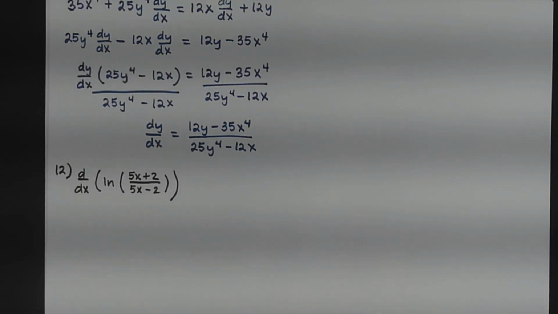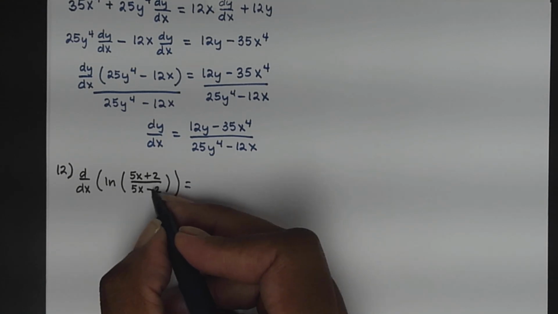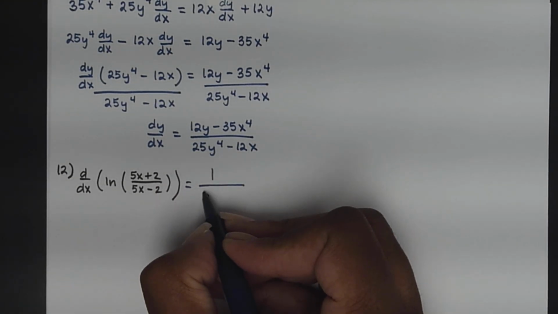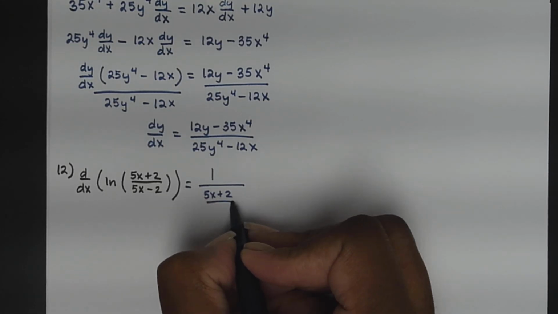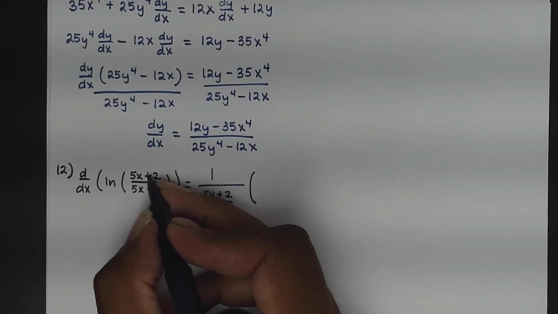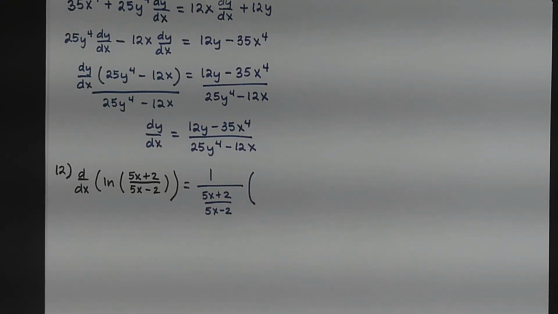So now, all we need to do here is start with the derivative of the natural log of this argument here. That's going to be 1 over that 5x plus 2 divided by 5x minus 2 times the derivative of this argument on the inside. Here we have to use the quotient rule for that.